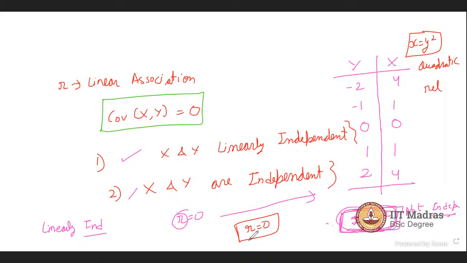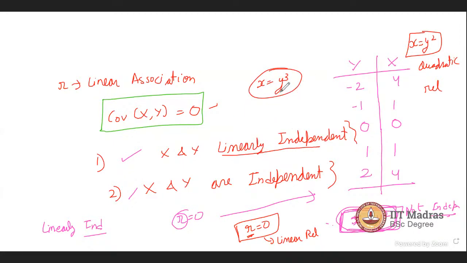It is because our R tells only about the linear relationship between the two variables. So the linear relationship between the two variables is 0, but there is some quadratic relation between the two. So if I know my R is equal to 0 or covariance is 0, I can only say that they are linearly independent. I cannot say that they are independent. It is possible that some relation may be there, say y cube, a cubic relation or some other thing.